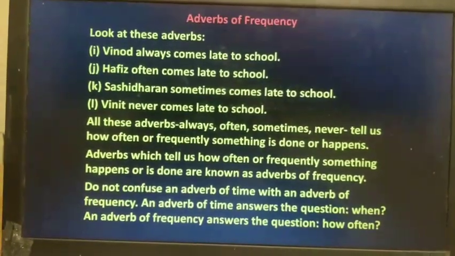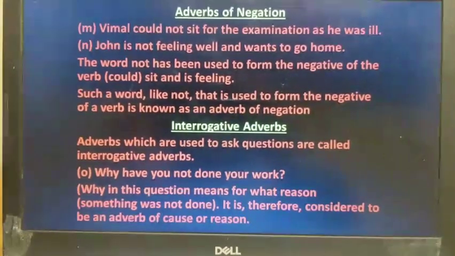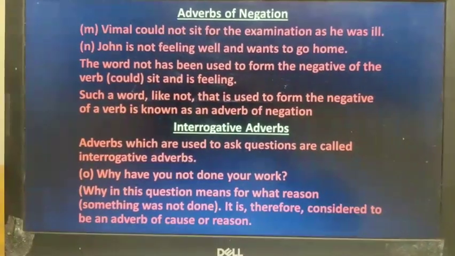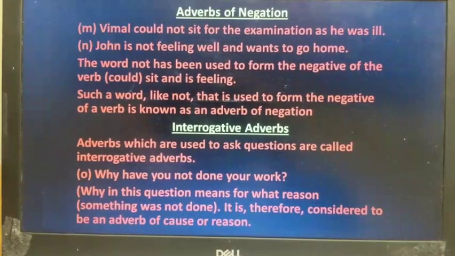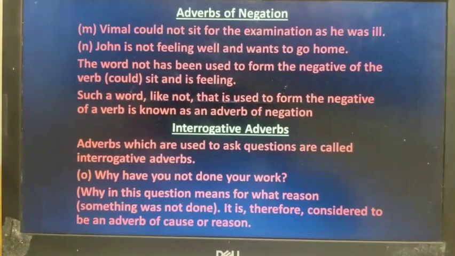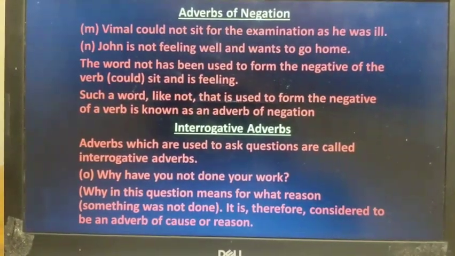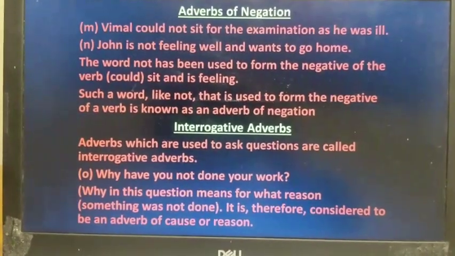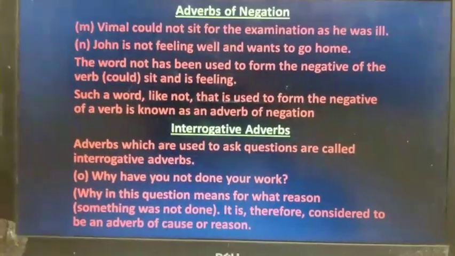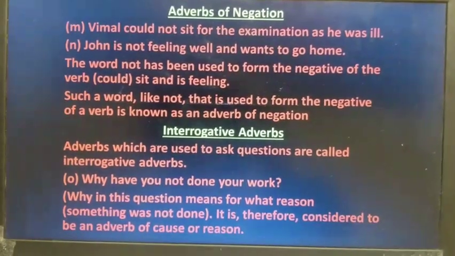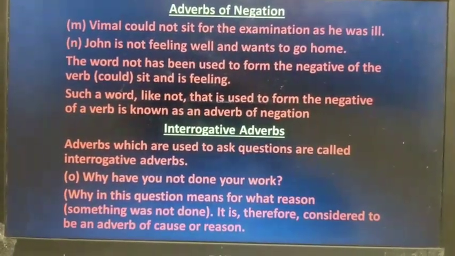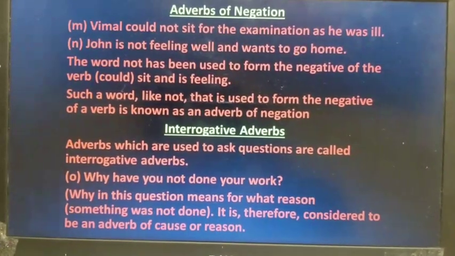Okay, students? Another very simple type of adverb is adverb of negation. Very easy. Just see the example, students. Vimal could not sit for the examination as he was ill. So if you see over here, students, which is the verb? The verb is could not sit, right? But over here, this is a negative form of the verb.